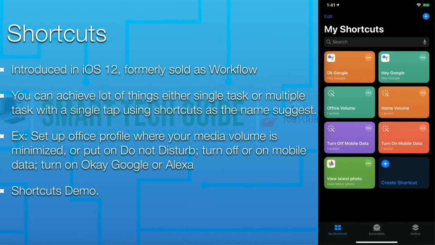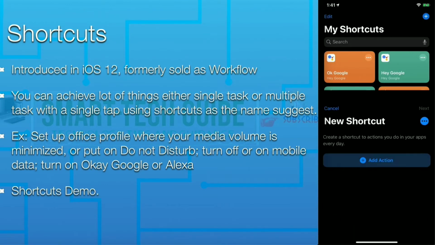If you haven't created anything, there won't be anything except the create shortcut option. If you have created already, there will be things on top of create shortcut. You can create a shortcut using the top right corner plus icon or using the widget.